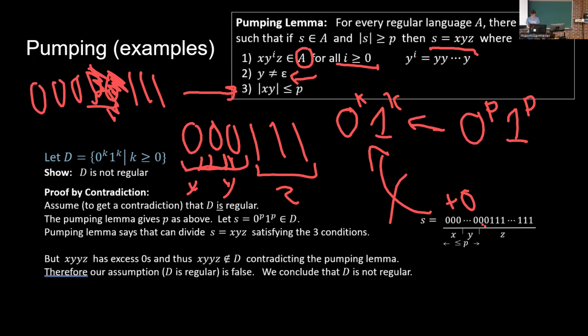Because if you think about it like that, the 0 to the P thing will still satisfy these three things, right? There is a Y where this will work.